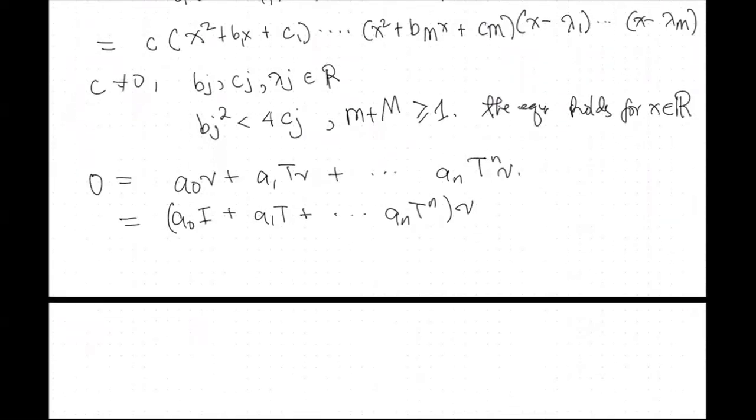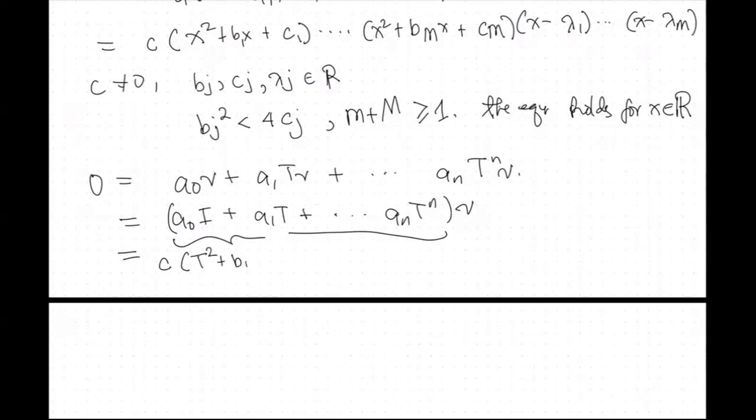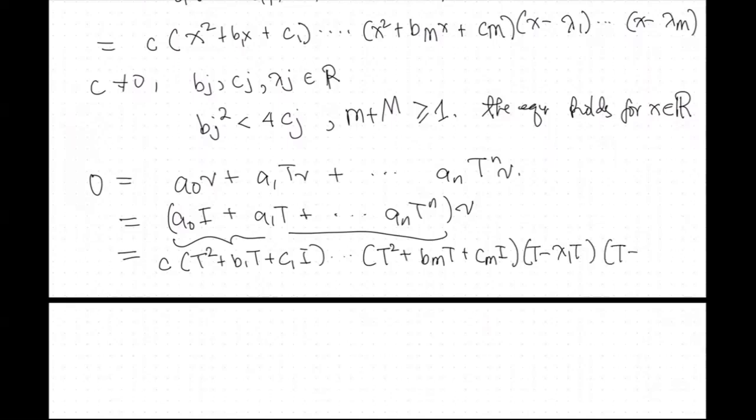All right, now we can write this entire thing as c times (t squared plus b1 t plus c1 I) up to (t squared plus bm t plus cm I), and then (t minus lambda 1 I) up to (t minus lambda m I), times, of course, v.